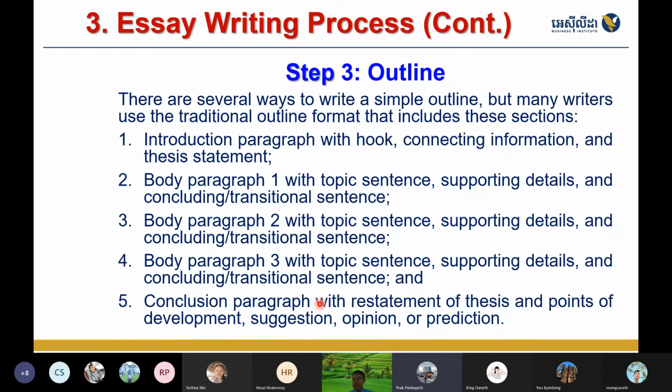Body paragraph 2 with topic sentence, supporting details and concluding transitional sentence. 4. Body paragraph 3 with topic sentence, supporting details and concluding transitional sentence. And 5. Conclusion paragraph with restatement of thesis and points of development, suggestions, opinions, and predictions.